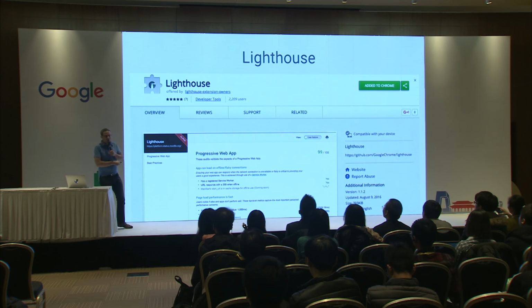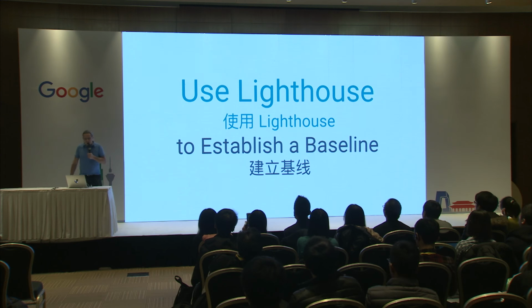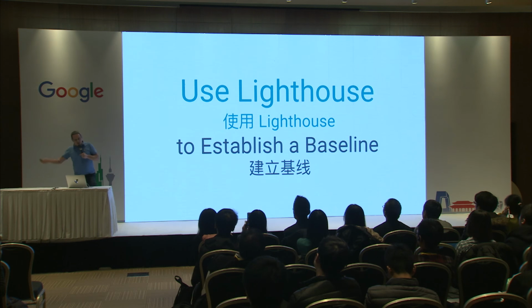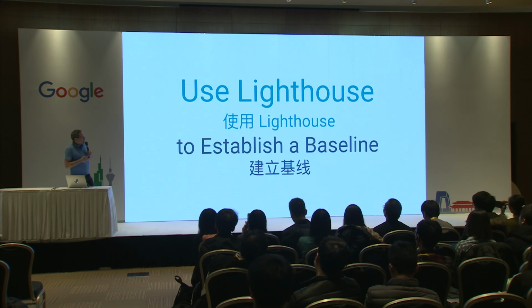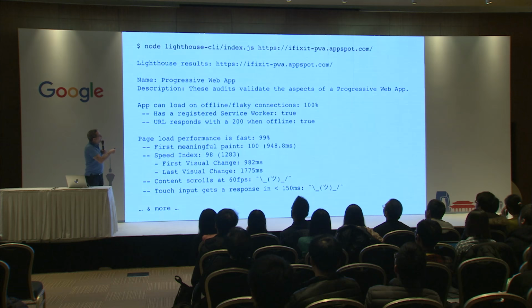Now, it's available as a Chrome extension, so you can get it as a Chrome extension. And it's available as a couple other things, but first, let's use Lighthouse to establish a baseline to see how it's going to work.